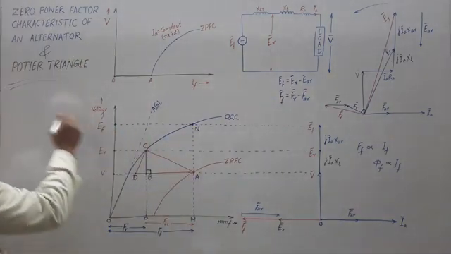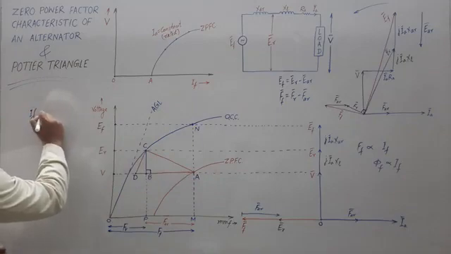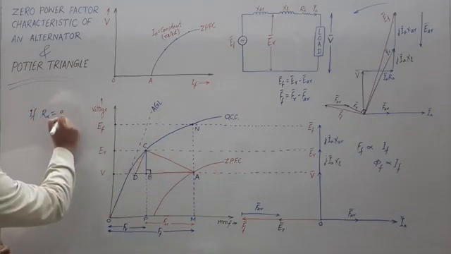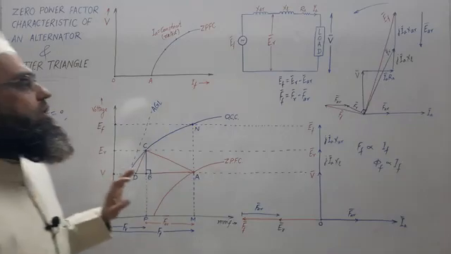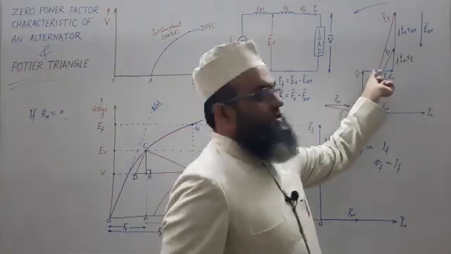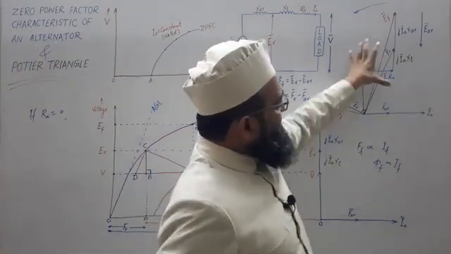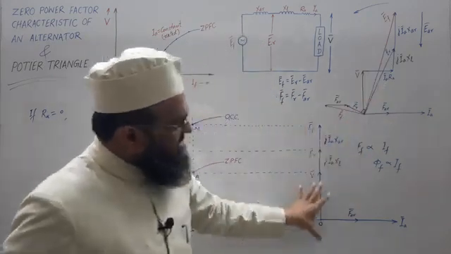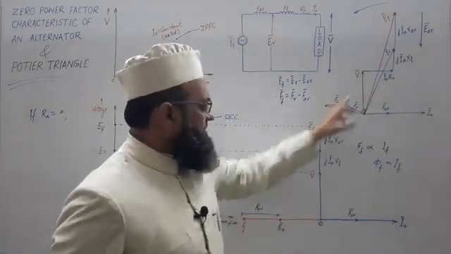Now if we ignore RA, that is if RA is ignored, then this drop will be 0. Then the same phasor diagram can be shown like this. See, this is the V phasor.